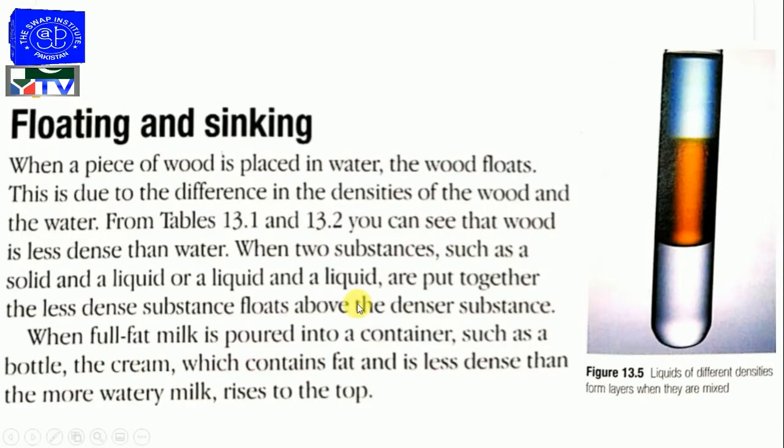Now floating and sinking, this is another process. When a piece of wood is placed in water, the wood floats. This is due to the difference in the densities of the wood and water. From tables 13.1 and 13.2, you can see that the wood is less dense than water.